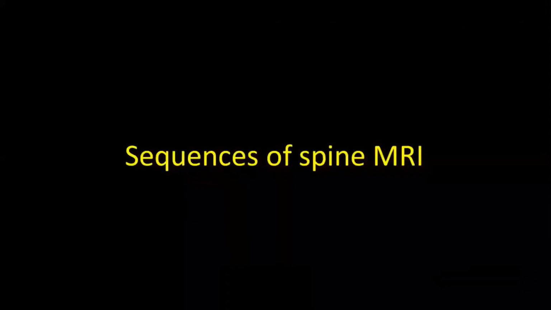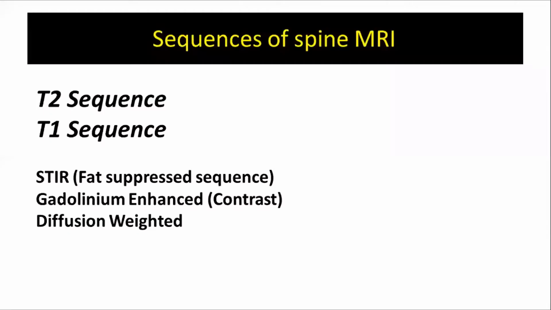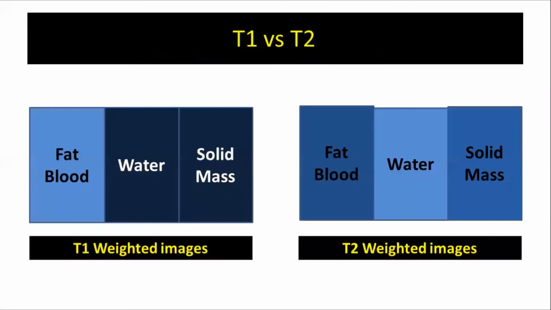So the main sequences that we see on a spine MRI are T2 and T1 weighted sequences. Sometimes we also look for fat suppressed STIR sequence, post contrast sequences, and diffusion weighted sequences also. About the main two sequences, the T1 and T2 weighted image, the main difference is how it visualizes water or any fluid in the body.